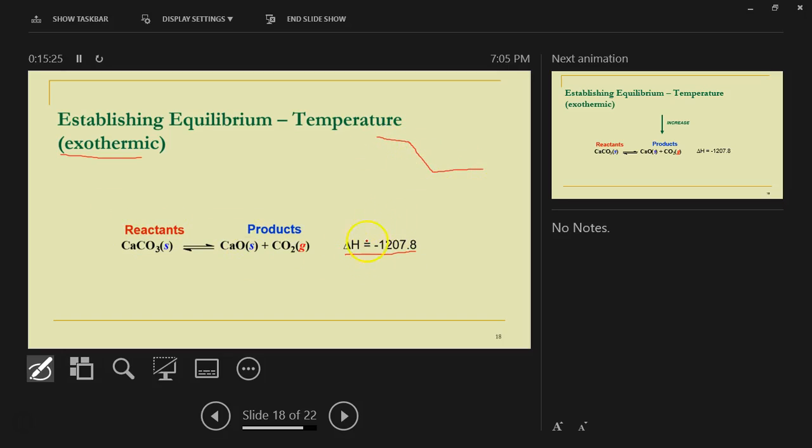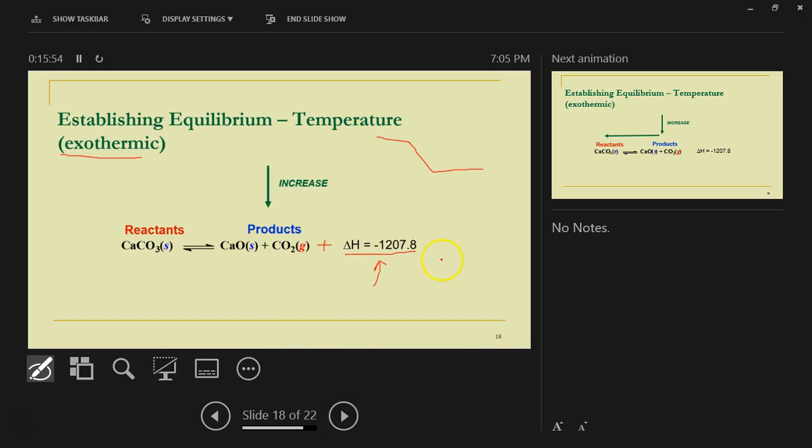If I have a negative change in enthalpy, then I'm exothermic. And if I'm exothermic, the temperature is with the products. So there's a little bit of review there: an exothermic reaction means heat is released.